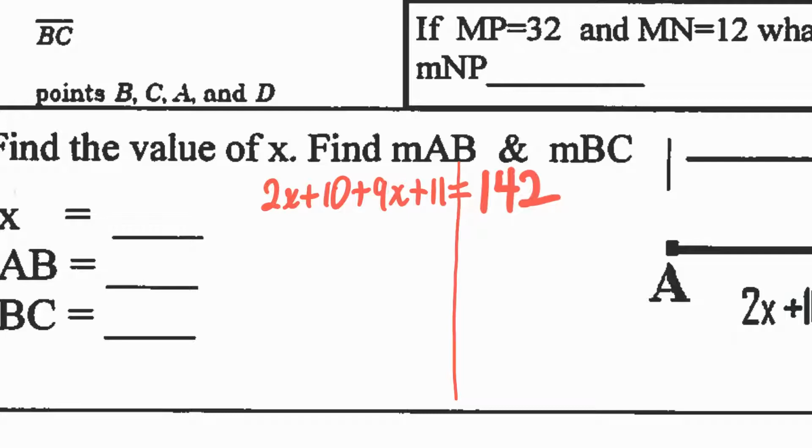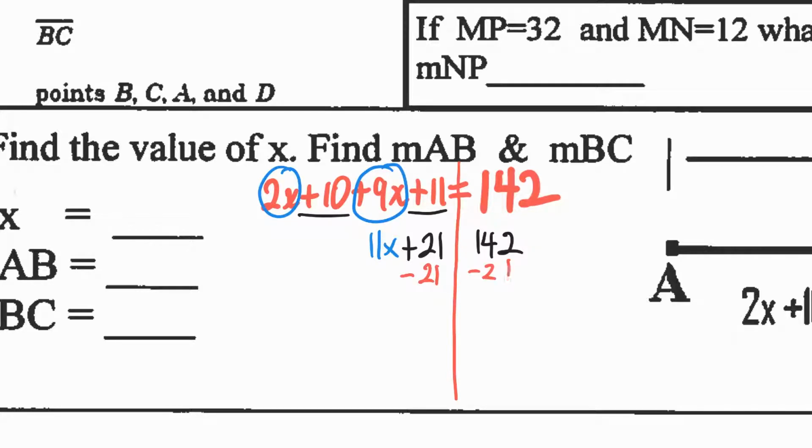All right, so on the left-hand side, when we combine like terms, when we combine our x's, we have a 2x and a 9x. So together, what do those make? 11x. And then I've got my constants, just a single number. So 10 and 11 together make 21, equal to 142. Then what?